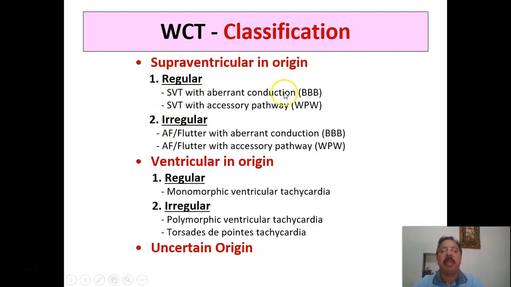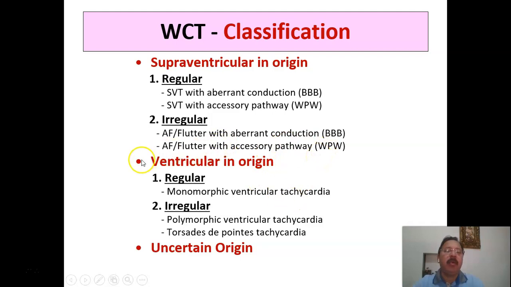Regular is SVT with aberrant conduction or with bundle branch block, or SVT with accessory pathway or WPW syndrome. Irregular are atrial fibrillation or atrial flutter with aberrant conduction or with accessory pathway.